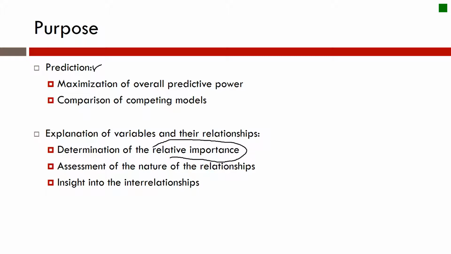So which independent variables are more important than others? That's a good question to know, and so that's one of the things that we'll want to do. So we'll want to assess those relationships. We'll want to be able to gain some insight between the interrelationships between the variables, and in general, just be able to understand what the predictions are actually telling us overall.